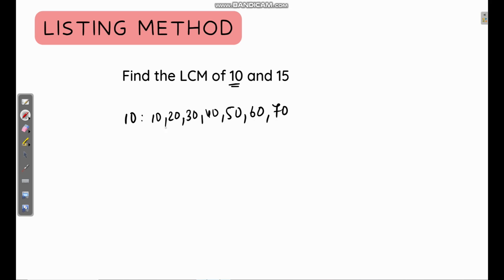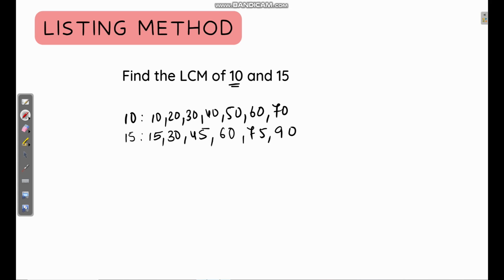Even if you don't get the common multiple, then we will continue. Now the number 15, its multiples, that's the table of 15: 15, 30, 45, then after 45 you will get 60, 75 and 90. The next step is we will circle the common multiples.